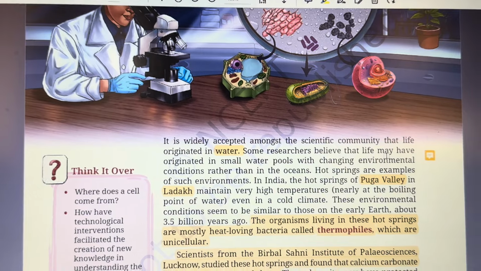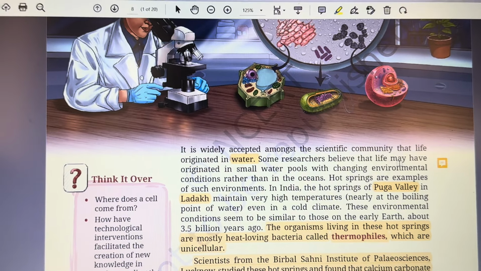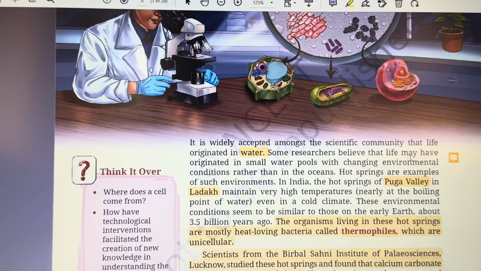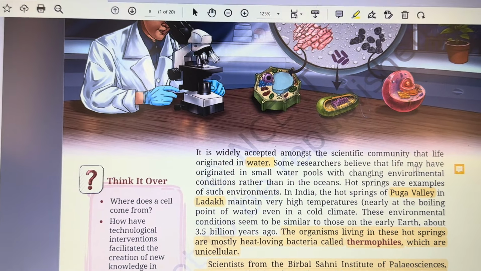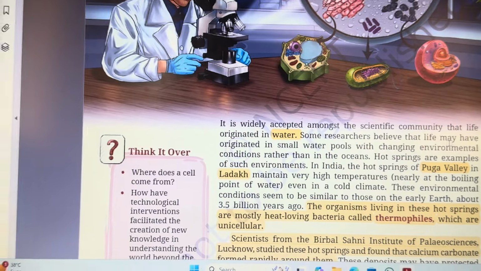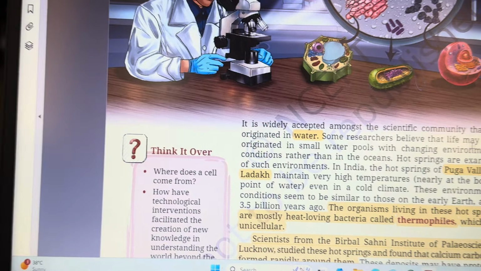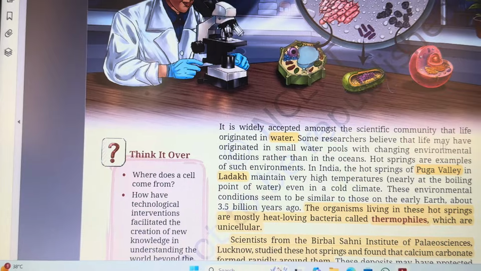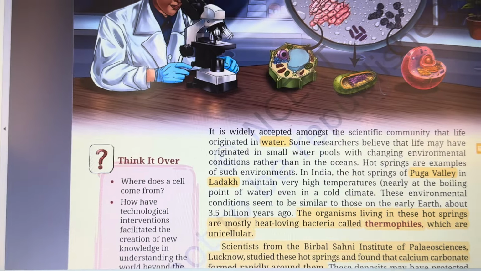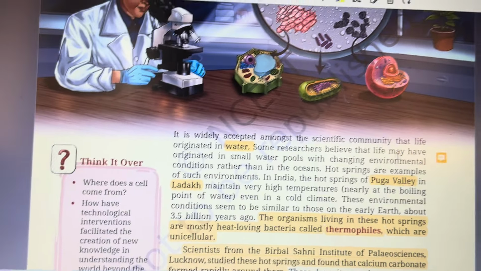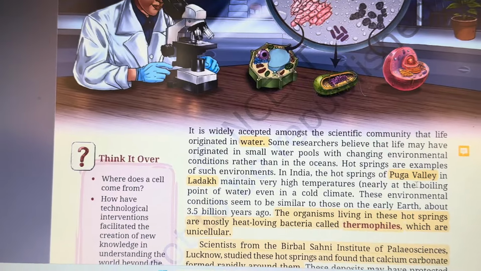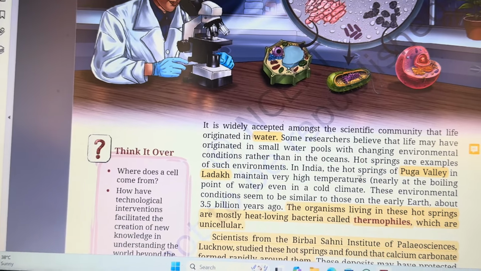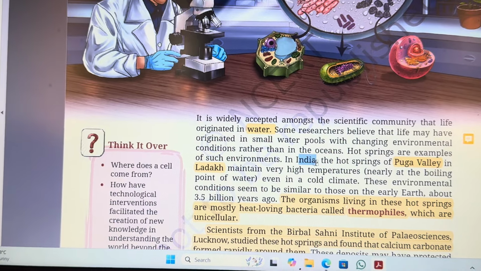Okay, hot springs are examples of such environments. In India, hot springs means places where we get hot water naturally. It's not man-made. It is due to environmental conditions, and it is found in Puga Valley in Ladakh, India.